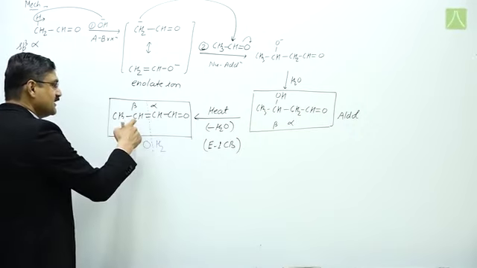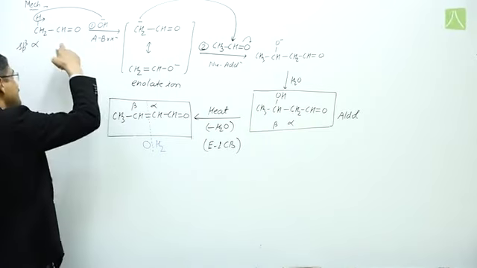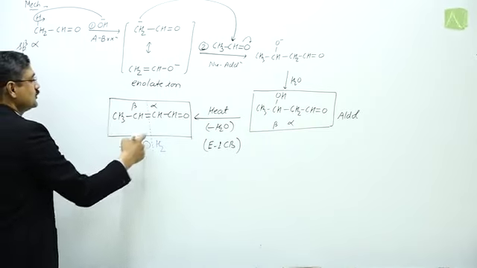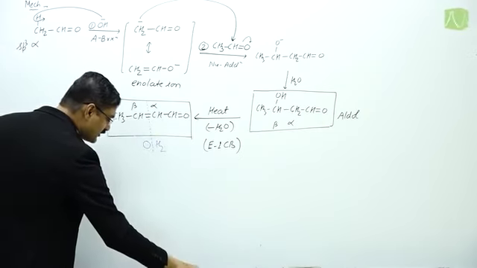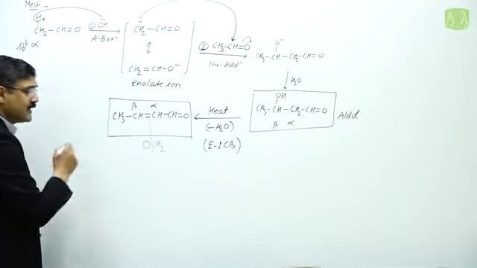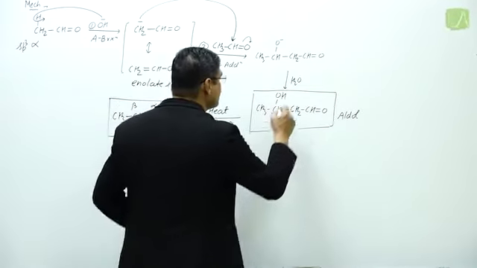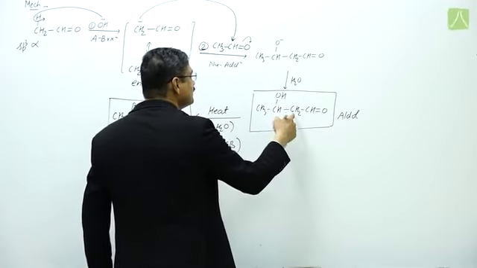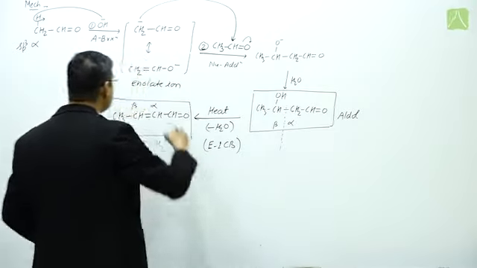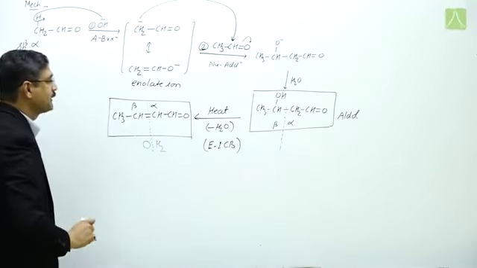So after adding the OH2, we again find the reactant CH3CHO, CH3CHO. These are the reactants. So it is a trick to identify the reactants. Return the hydrogen to the alpha carbon, then only we can get the initial reactant.